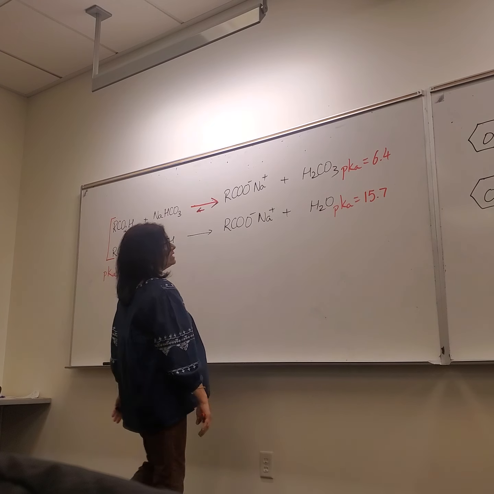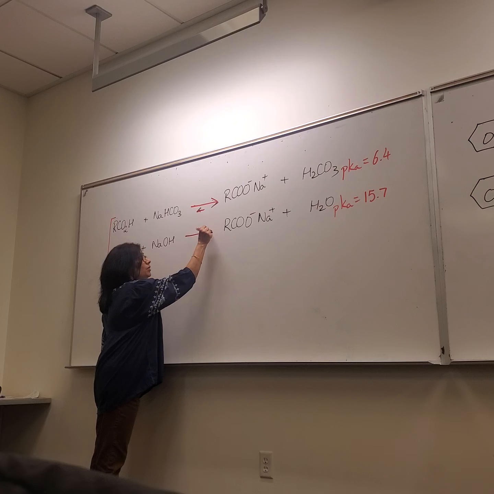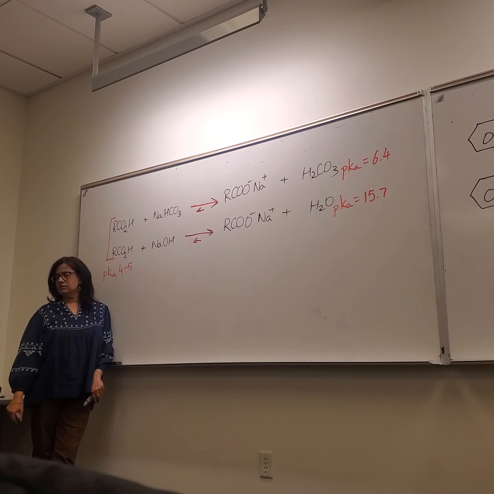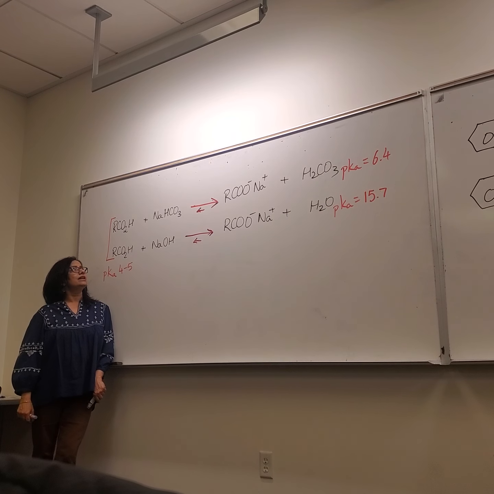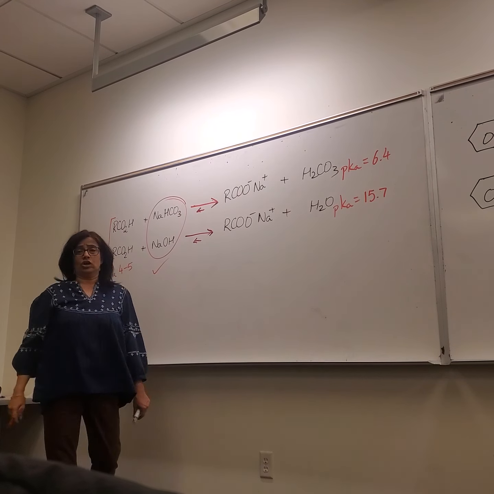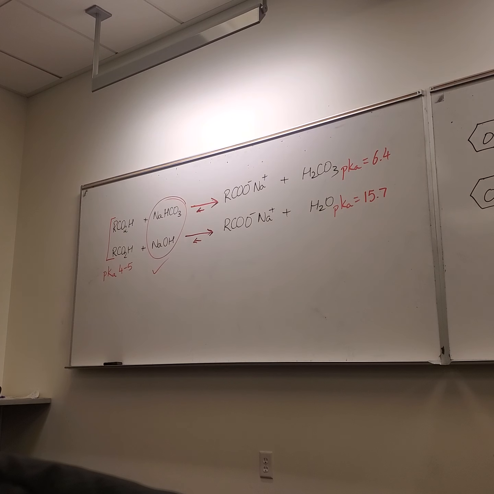Weaker acid means higher pKa. So which direction does this equilibrium go? Right. What does that mean? It means that if you want to neutralize a carboxylic acid, you can use either base, they both will work. Agreed? Did it make sense?